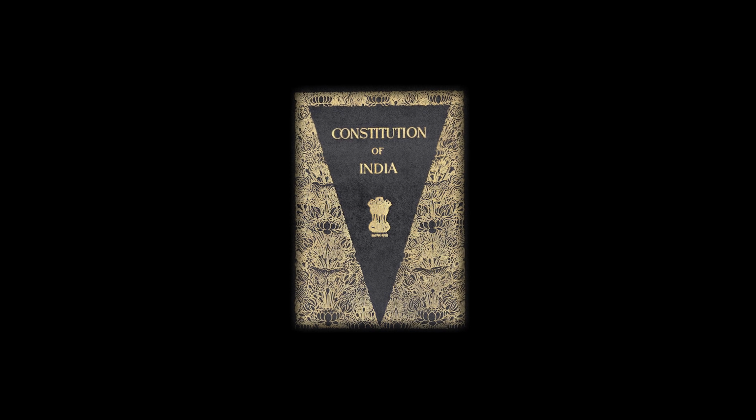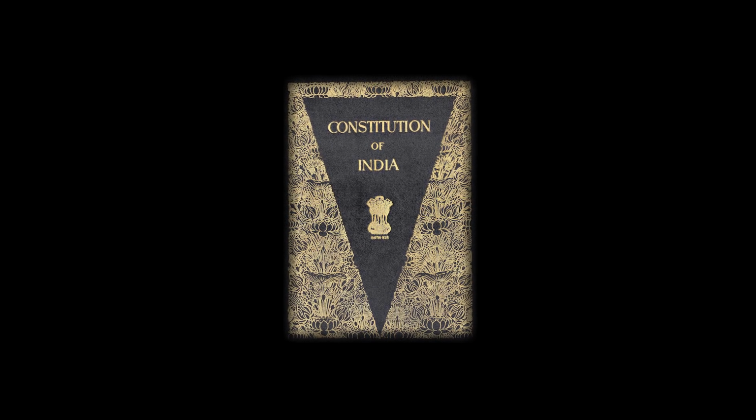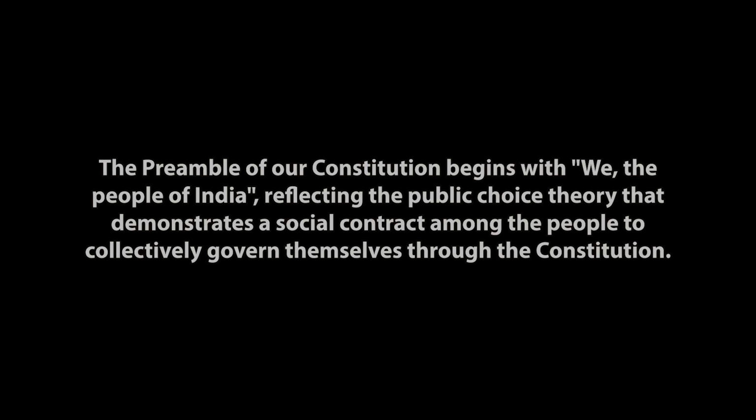The Constitution of India is the basic norm, that is, from which other laws derive their source and strength. The preamble of our Constitution begins with "We the people," reflecting the public choice theory that demonstrates a social contract among the people to collectively govern themselves through the Constitution.